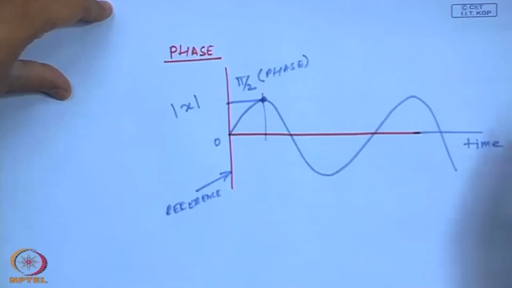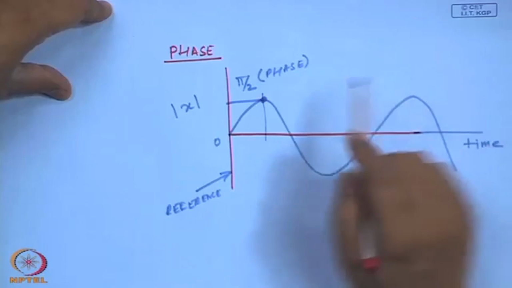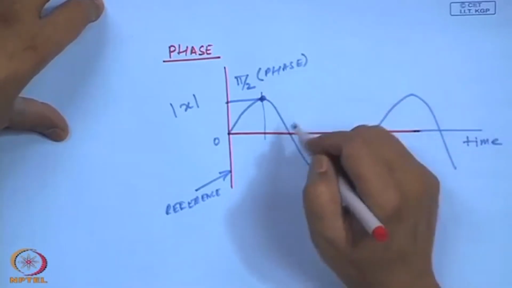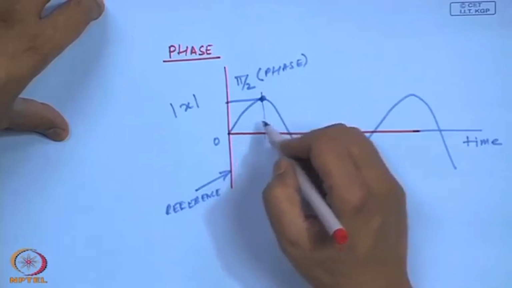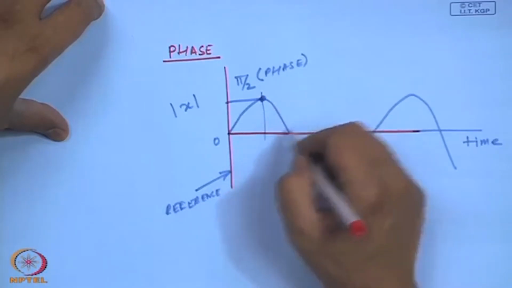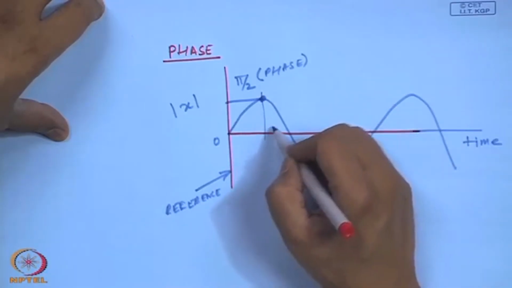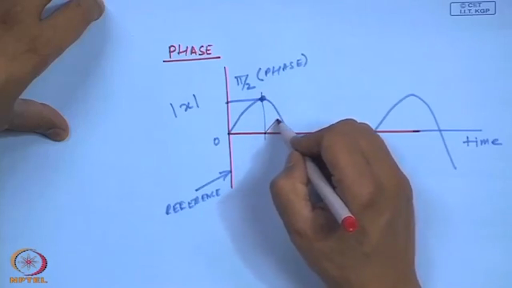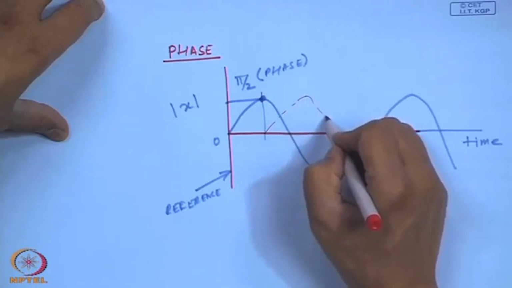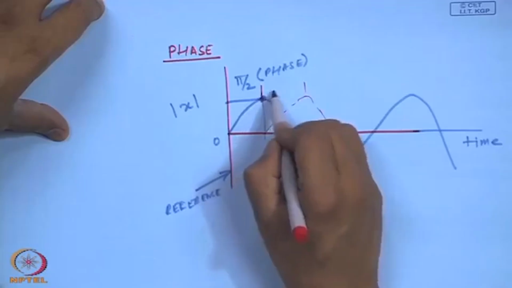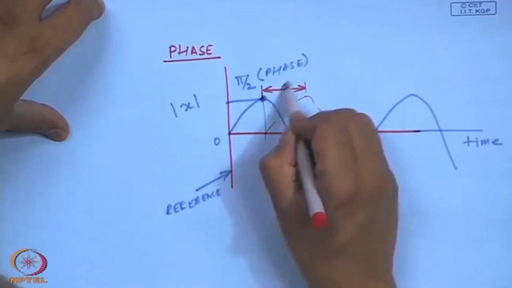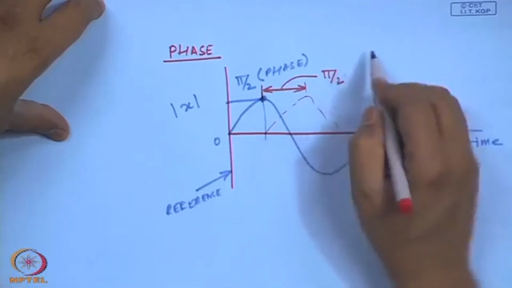Now, question is, if I have many signals, say another signal, there is also of course a phase difference between them. I will not draw another signal, but there is the phase difference between the blue signal and this, and this is the phase difference.